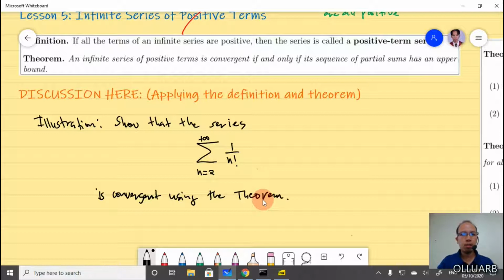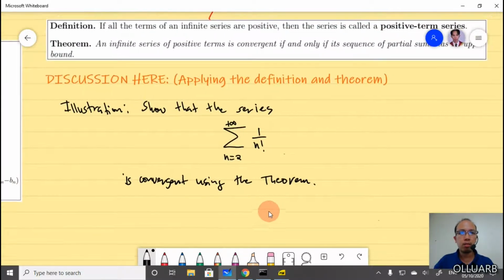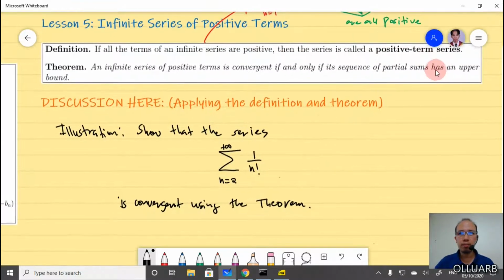What I mean by the theorem is this theorem. In order for this series to be convergent, what we will do is observe the sequence of partial sums, and if it has an upper bound, then this series is convergent.